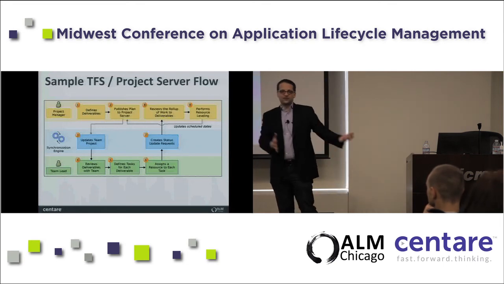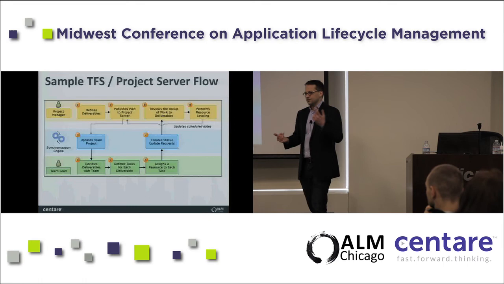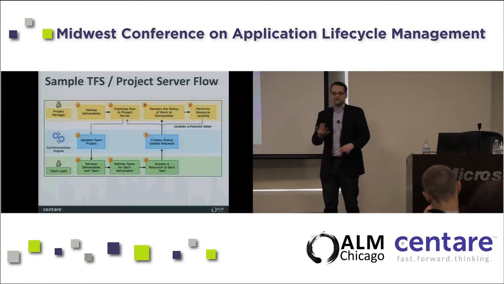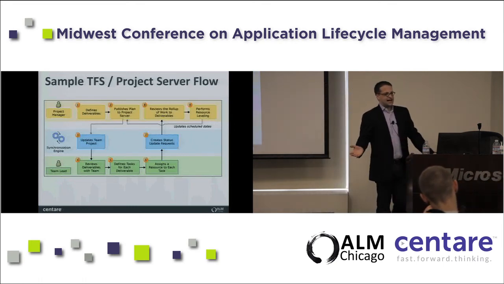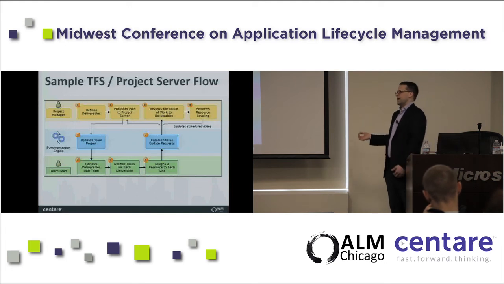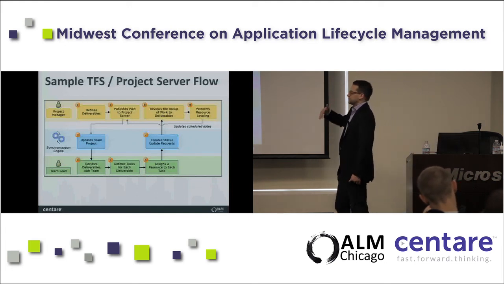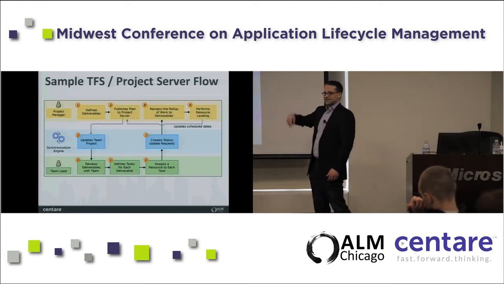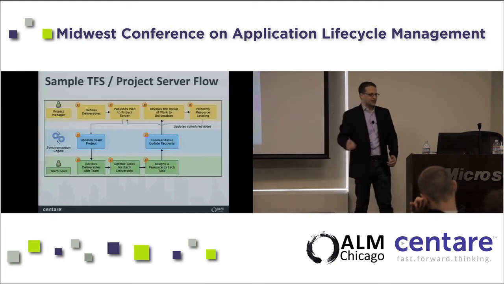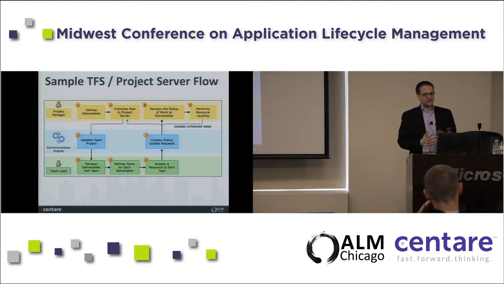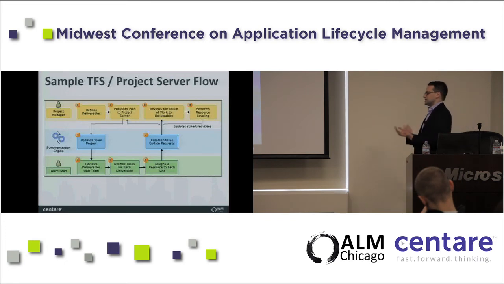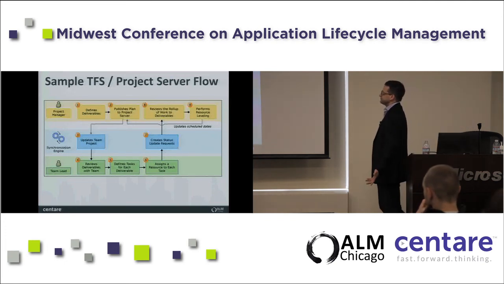The team then goes into Team Foundation Server, opens it up either in Team Explorer or in Excel, adds the tasks, saves it back, and now it gets published back to the enterprise project plan in Project Server. So you get this nice sync back and forth, so you're not having to work a ton inside of Microsoft Project unless you really, really want to. Okay?